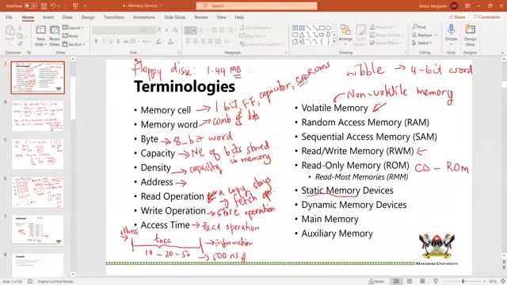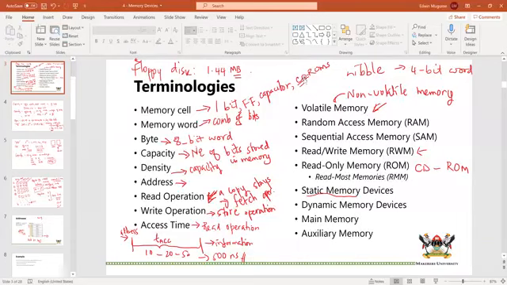So you have these memories where as long as there is power, you will store that information and it will always remain there. That is static memory. So it sounds like volatile, but actually they are not quite the same. I'm just going to give you a clearer comparison when we deal with dynamic.